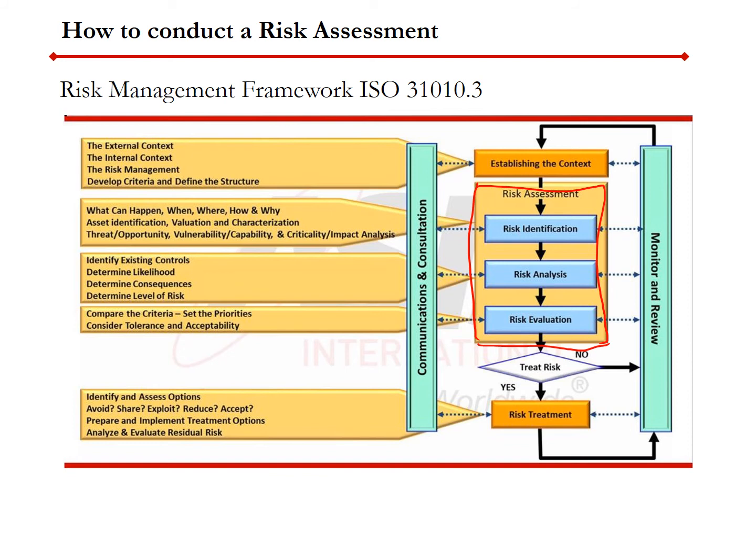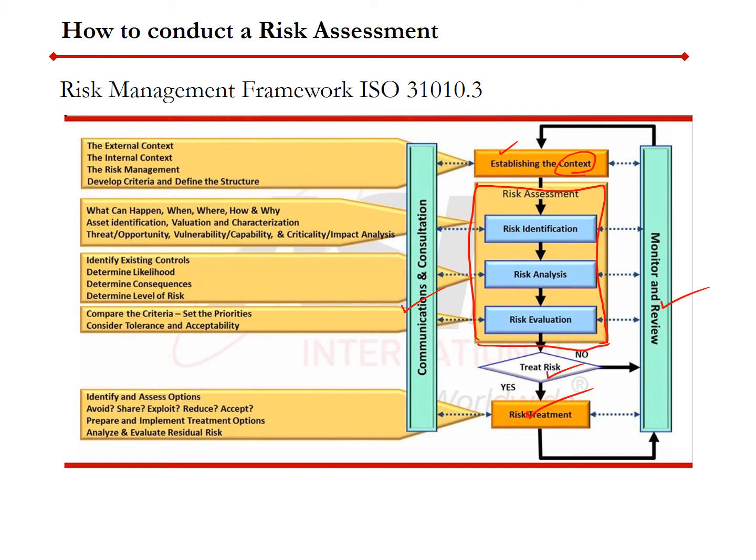It has other elements like monitoring and review, communication and consultation with various stakeholders, establishing the context, that's the scope, the reason, in general the context of the risk assessment, and treating the risk, seeking ways to carry out risk treatment. So the whole thing is called risk management.